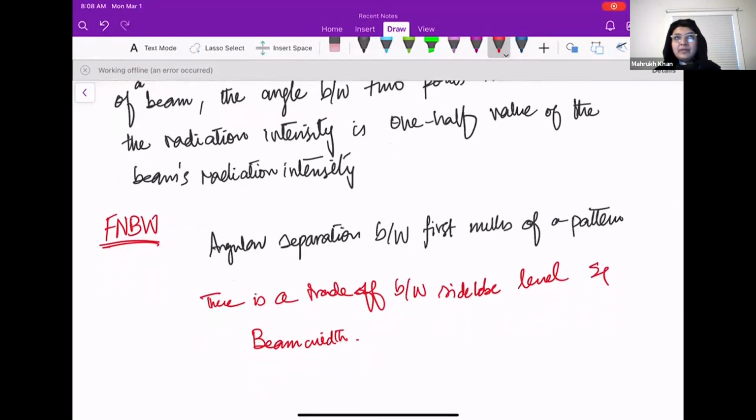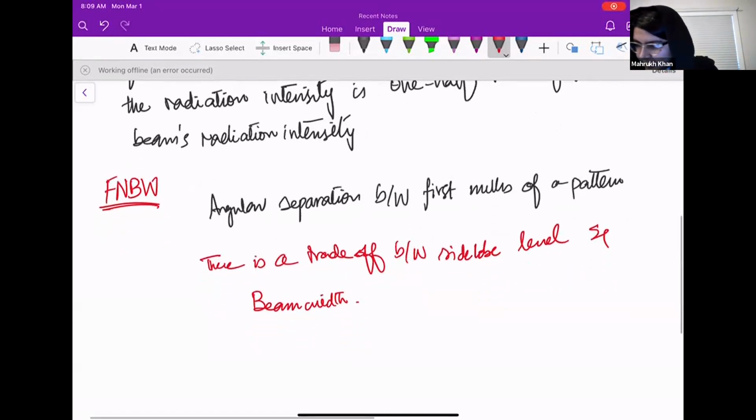But sometimes we want the antenna to cover a wide beam, so in some antennas, a wide beam is another design criterion. But there's a trade-off between them.